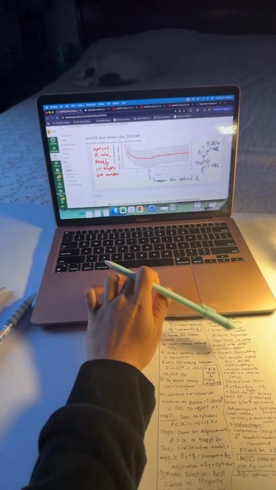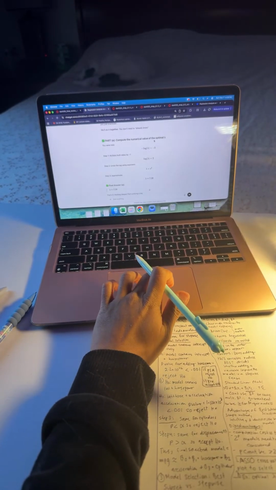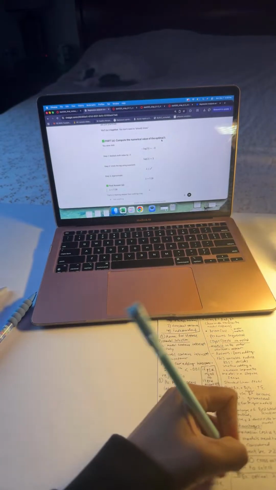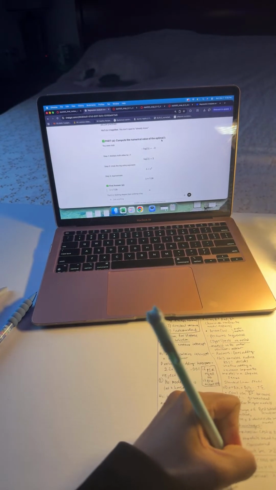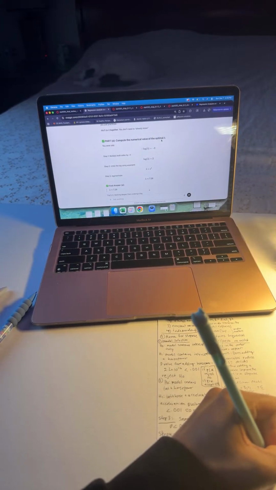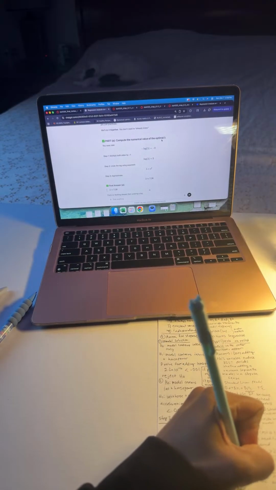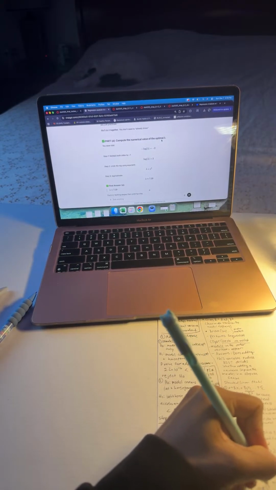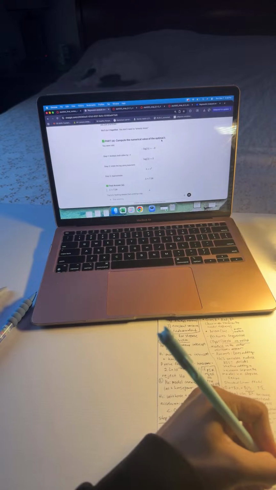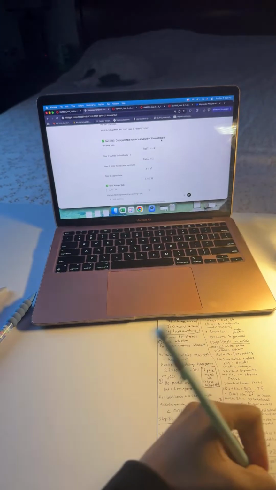To compute the numerical value of the optimal lambda, step number 1 is to set it equal to that.